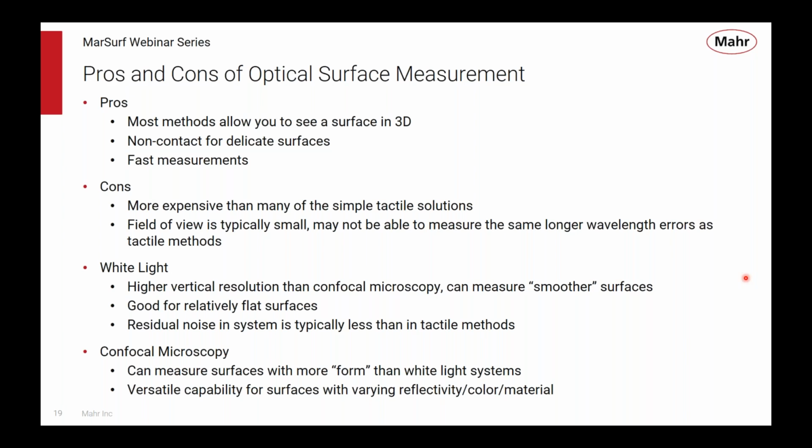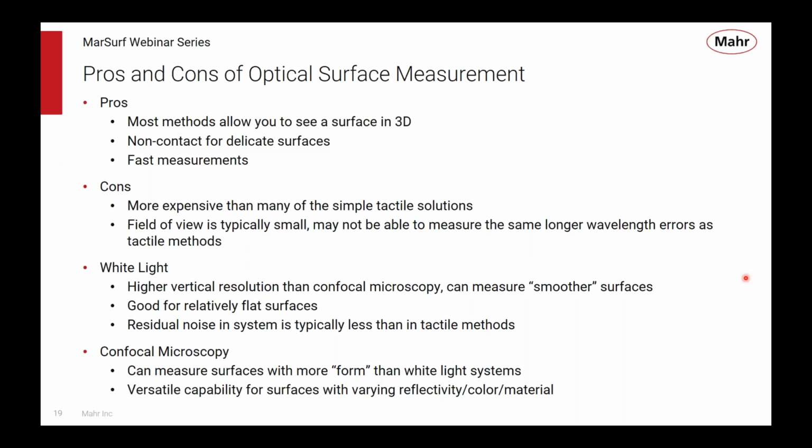The confocal microscope approach is more versatile, can measure surfaces with more form to them, more shape than with white light systems. We can get more of an image back from a surface, even if it has some shape to it.